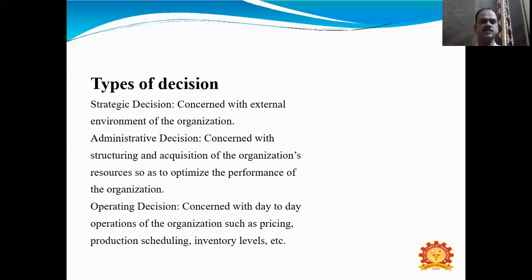Next, the administrative decision is concerned with structuring and acquisition of the organization's resources so as to optimize the performance of the organization. The operating decision is concerned with day-to-day operations of the organization, such as pricing, production scheduling, inventory levels, etc.